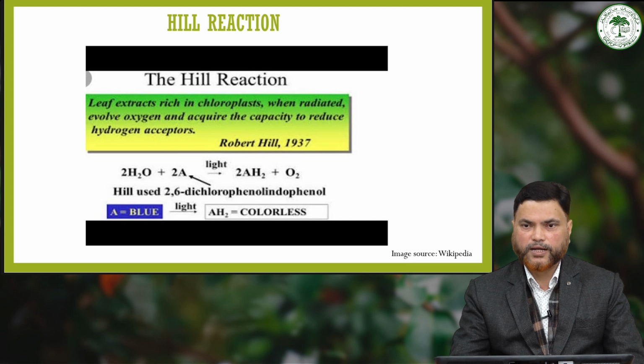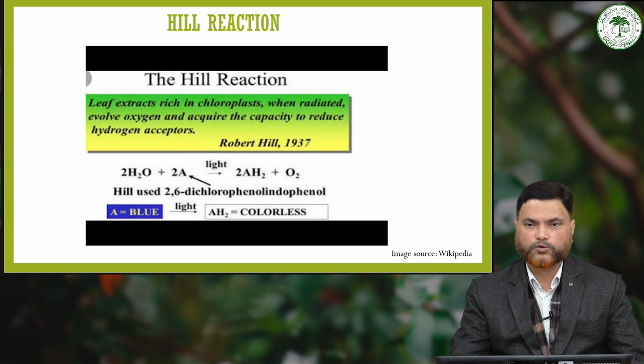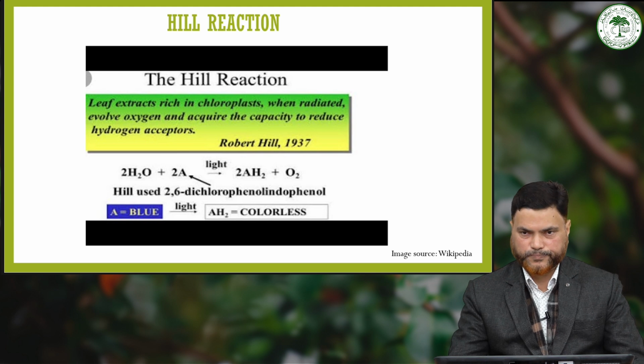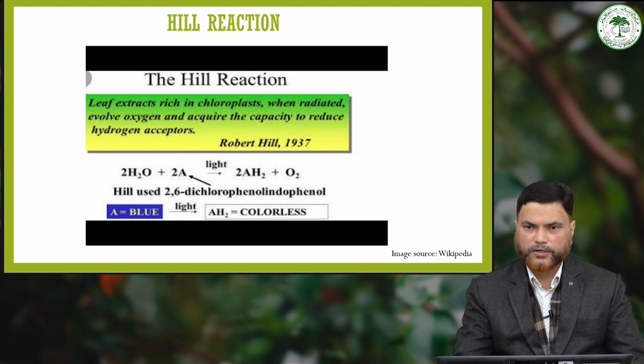So basically Hill observed that isolated chloroplasts from plants release oxygen when exposed to light in the presence of an appropriate electron acceptor like ferricyanide and ferric oxalate. Most importantly, the isolated material used by Hill comprised thylakoid membranes lacking the enzymes necessary for carbon dioxide fixation.